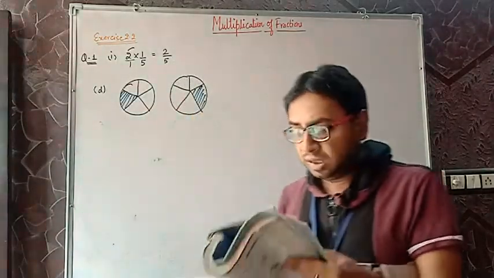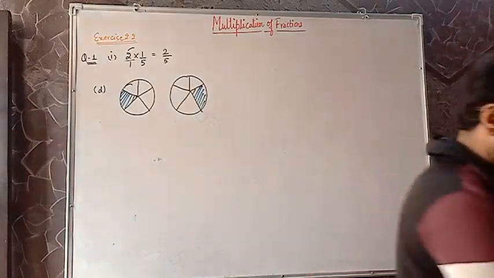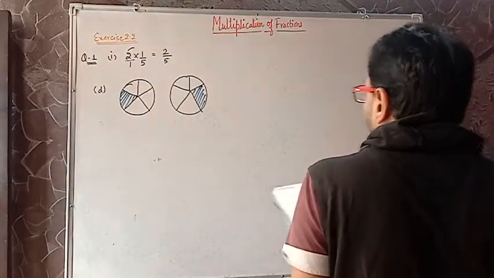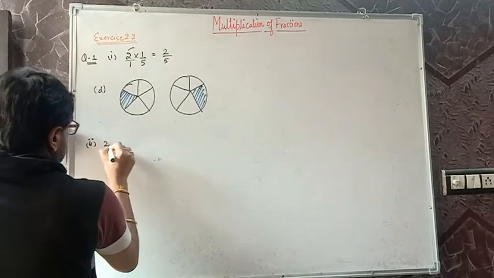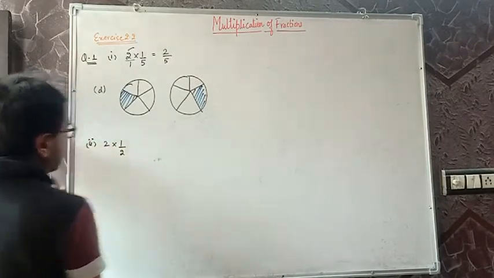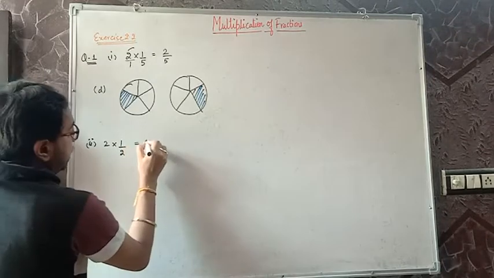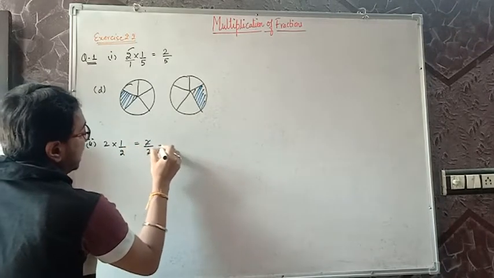Okay. Similarly, you have to do the second part. 2 into 1 by 2. It's equal to what? If I solve it, 2 into 1 by 2, the answer is 1.